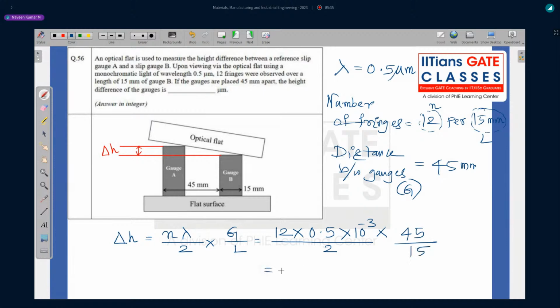If you do the calculation, you get approximately 0.009 mm, and you convert into micrometer, it is nothing but 9 micrometer. The answer is 9 micrometer.